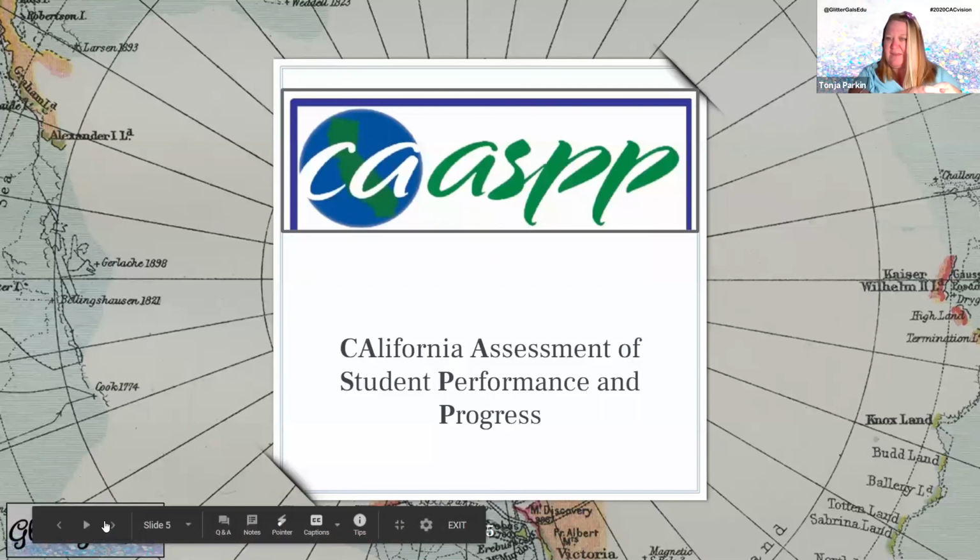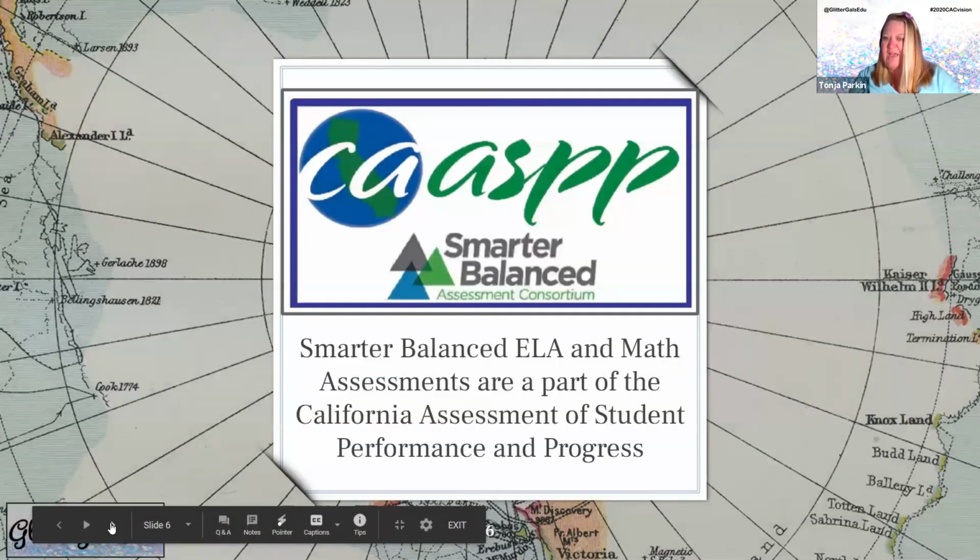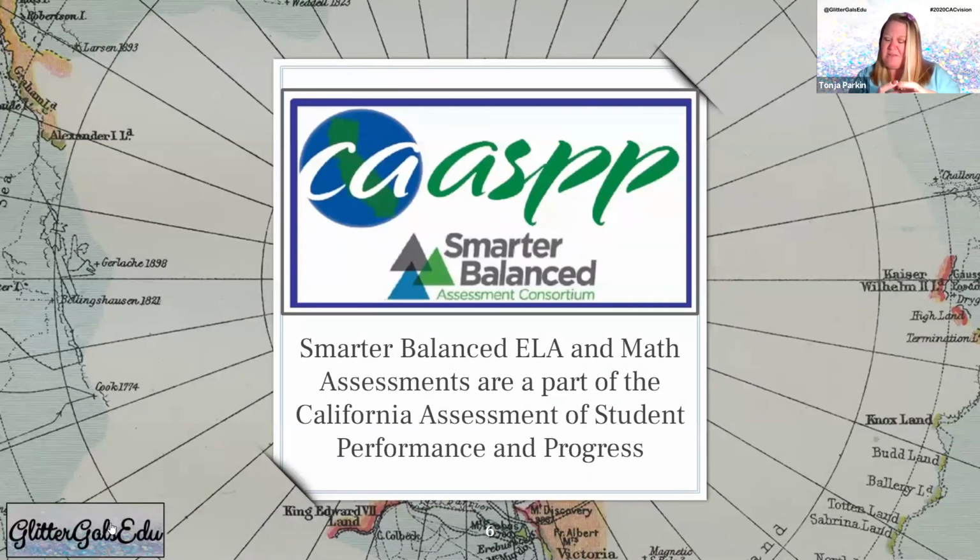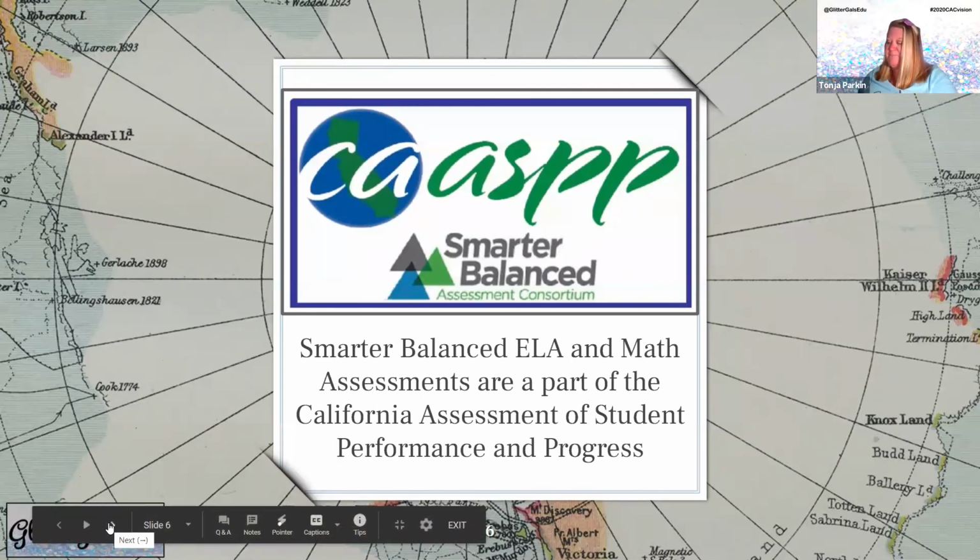So hopefully that kind of clarifies how everything fits together. So the California CASP system is our California version, and in that system we have the language arts and math tests that come from Smarter Balanced themselves. So to help clarify all of those pieces together.